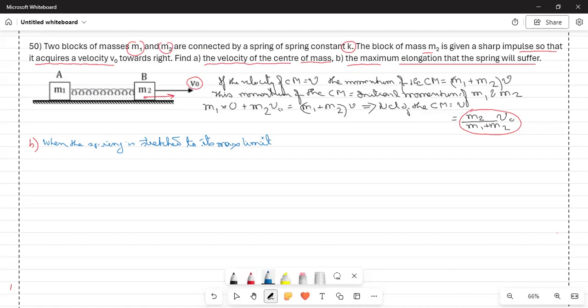You will agree from your common sense. If you stretch the spring to a maximum limit, it is as if a solid piece of wire.